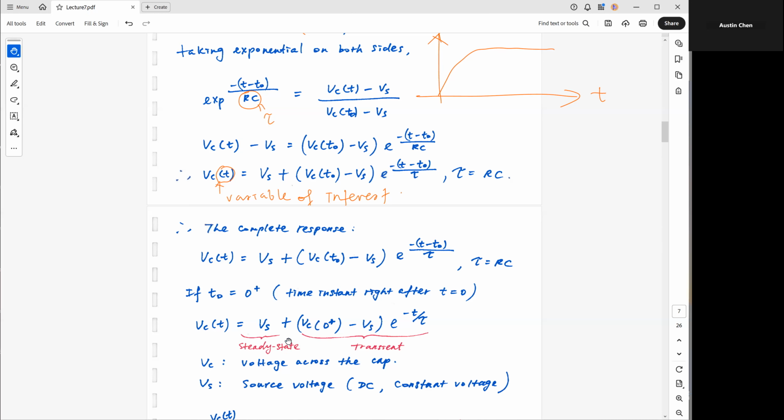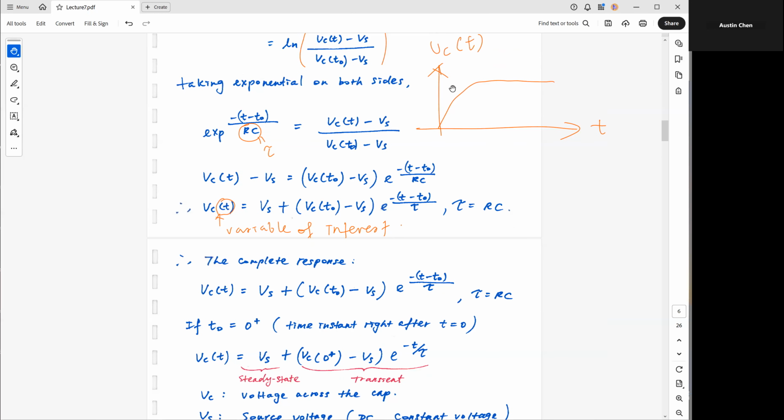Because remember, in the steady state, Vc of t should already reach very, very close to its final value. So that means Vs in this case.